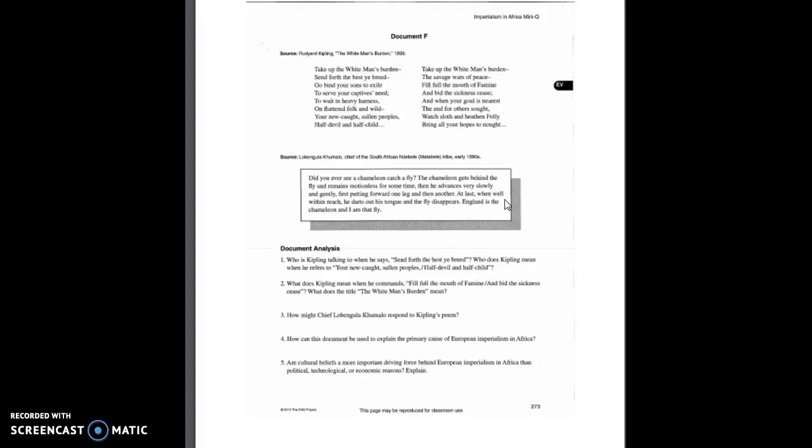You could also equate that to political motivation. Okay, England's swallowing up the power or the control that Africa has. I know a few of you mentioned in class resources. Maybe the flies represent the resources within Africa. So remember, folks, just like a lawyer, you have to take the evidence and you need to argue it in a way that's going to support your overall case, proving the driving force of imperialism in Africa.